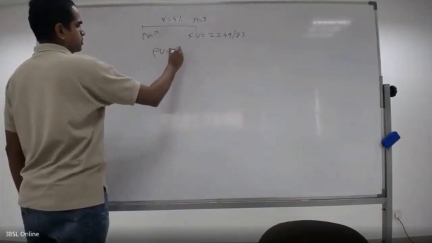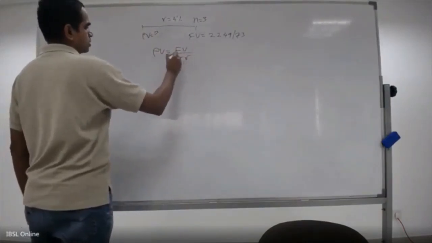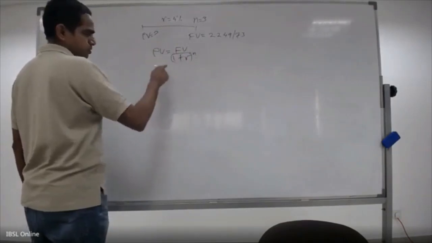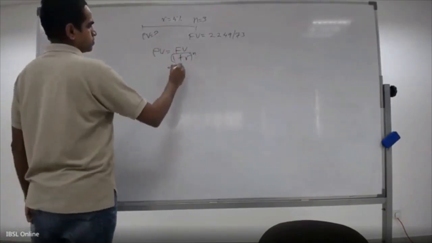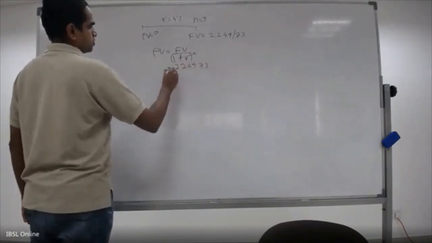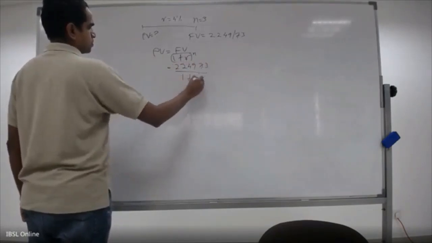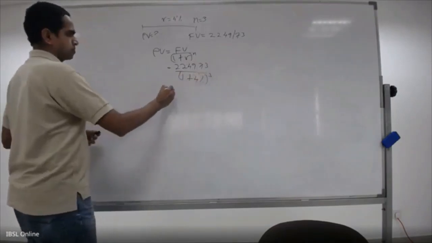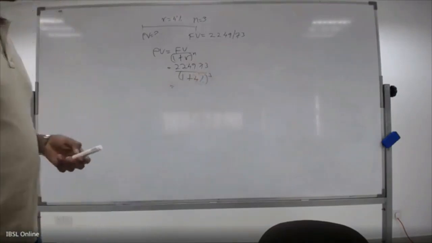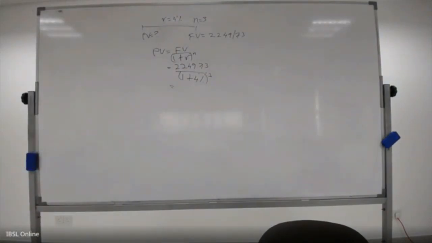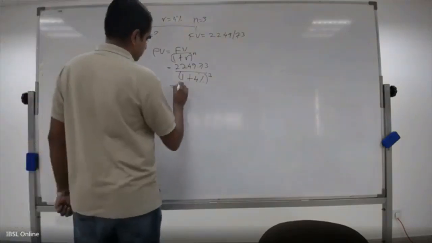Very simple. Present value is future value over (1 + r) power n. It's always good to write the equation. Two thousand is correct.